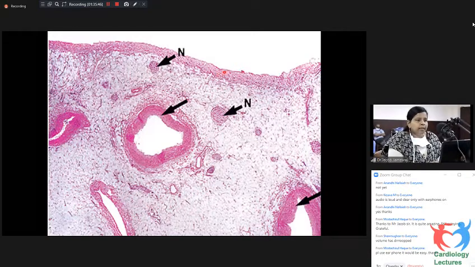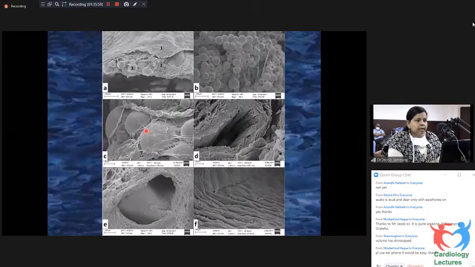So this is a descriptive picture. So you can see the multiple layers of the heart.